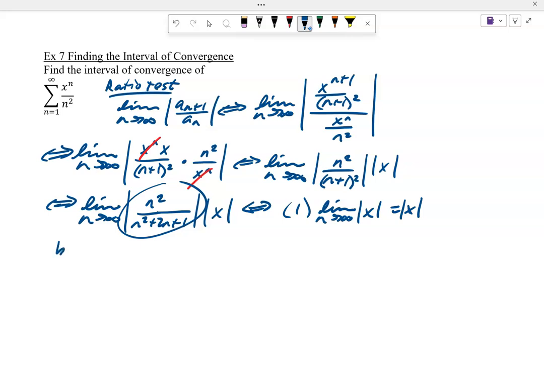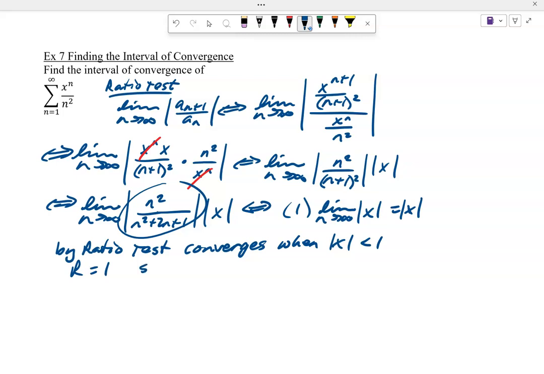And so by ratio test, this will converge. And that's less than 1. So the radius of convergence is 1. And since it's centered at 0, we have this. So the value of x has got to be less than 1 to converge.